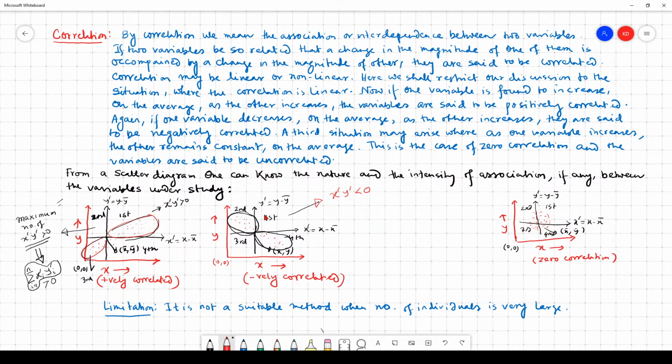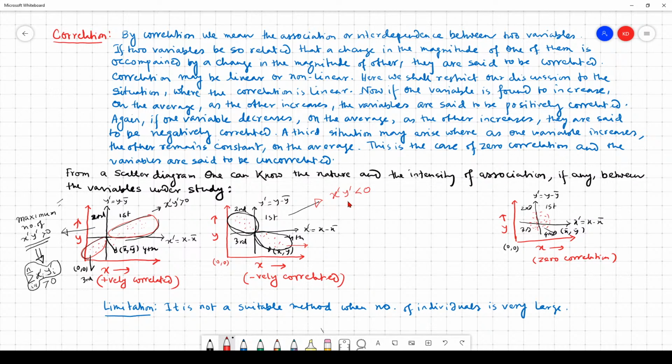Thank you. So this product x dash y dash is less than 0, because in the second coordinate y dash is greater than 0 and x dash is less than 0. This means this product should be less than 0. And for the fourth coordinate again, we see that x dash is greater than 0 and y dash is less than 0. This makes x dash y dash less than 0.